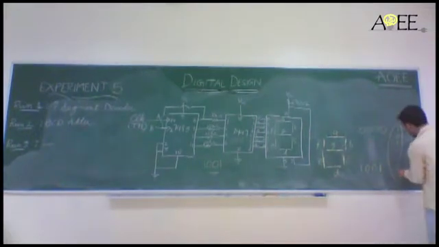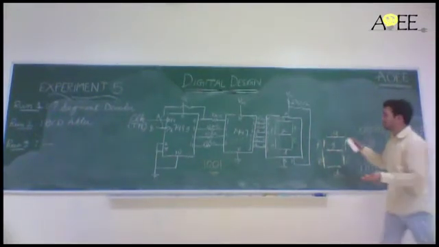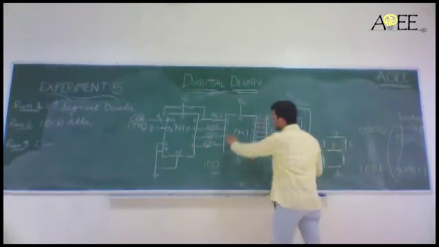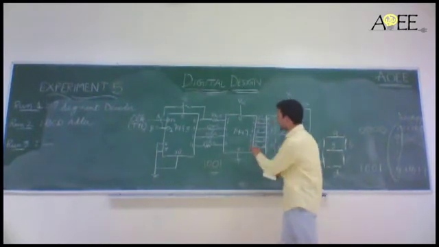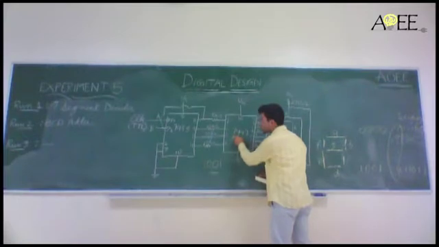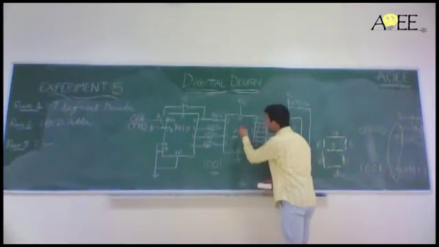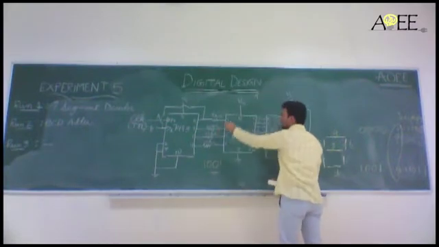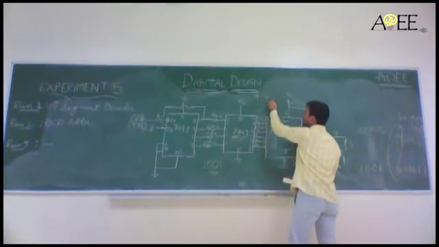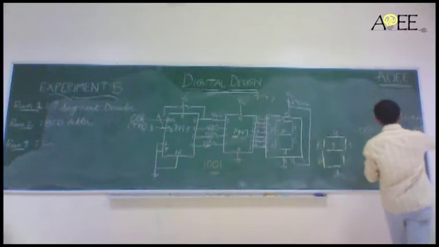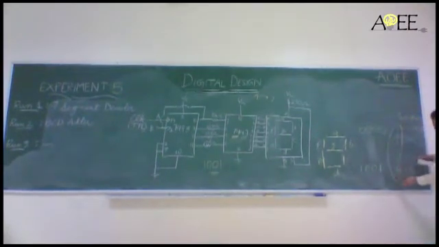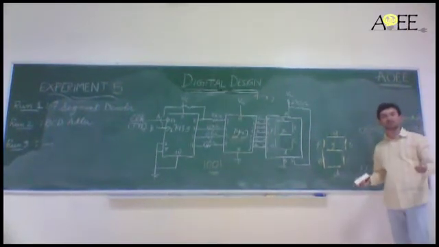So using these functions, you can implement it, or it is already implemented in 7447. 74 stands for the counter, the timer family, and 47 means that it is converting from 4 input to 7 output. And the logic for that is given. If you have any function, then that is how the function implementation works.